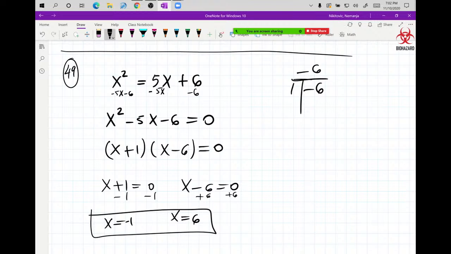And that's it, guys. If you are able to factor, you are able to do this section. If you're not able to factor, then you're not able to do anything in chapter 6 anyway.